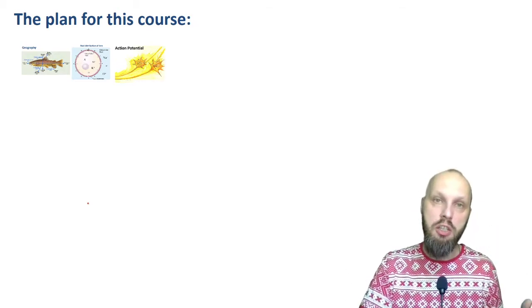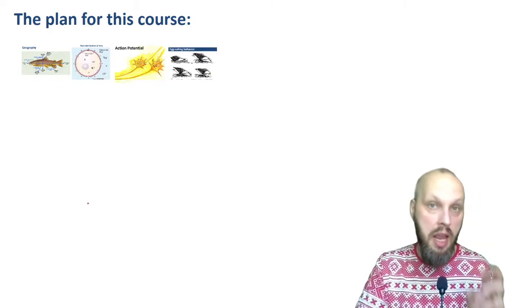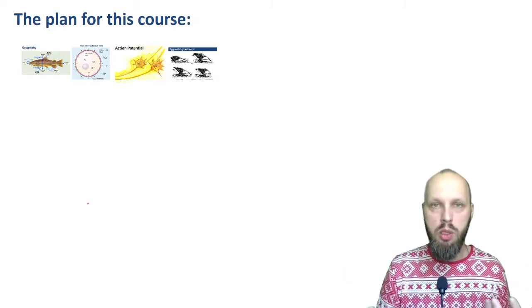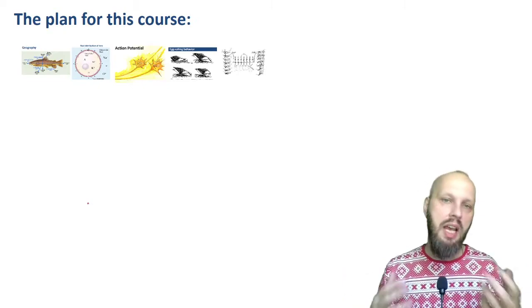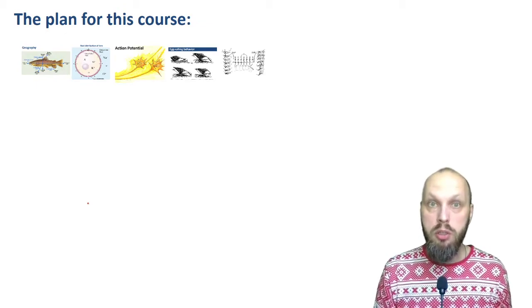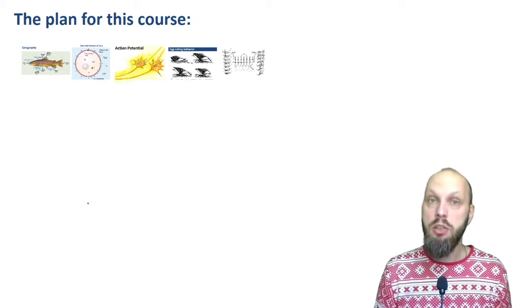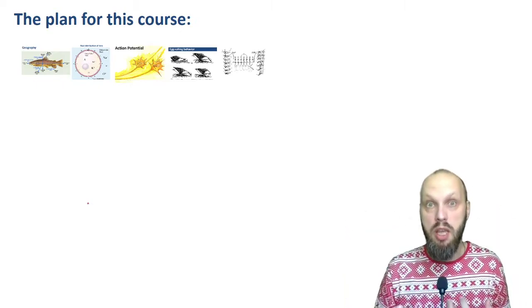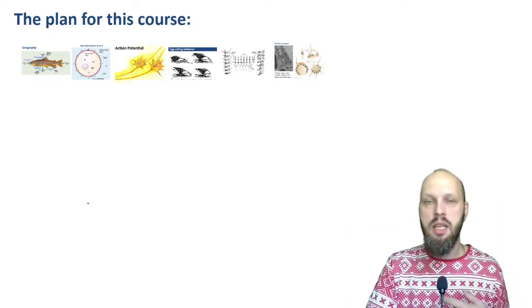And then once we have action potentials, we'll add a little bit about animal behavior to that. And by comparing animal behavior and what we know about neurons, what neurons can do, we can actually start to understand some small circuits that underlie certain behaviors. So how from combining a few neurons together, you can make animals do things. And then we'll add synapses.